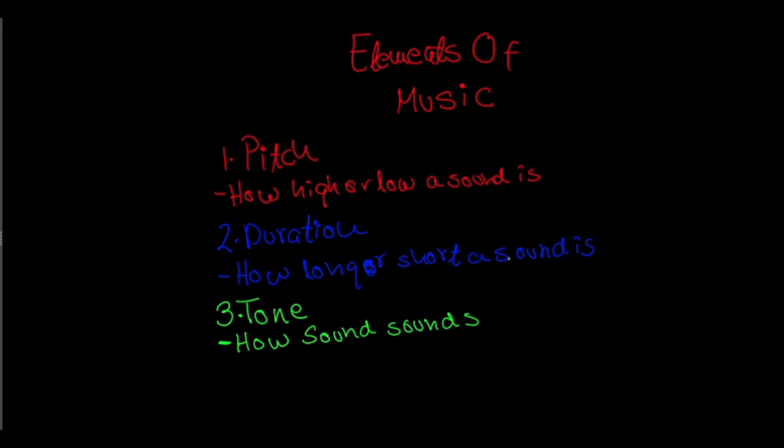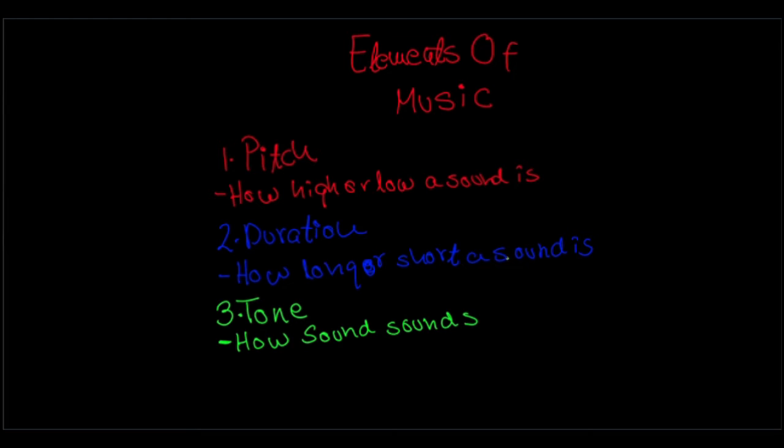It's a difference in tone. So imagine a trumpet playing a C versus a flute playing a C. Will it sound exactly the same? No, it will not. It's the same pitch, and imagine they're playing it for the same length, the same duration, but it's not going to sound exactly the same, as just demonstrated. There's a scientific explanation in the difference in overtones and the vibrations that occur, but all you need to know is that that is the tone, or the timbre.